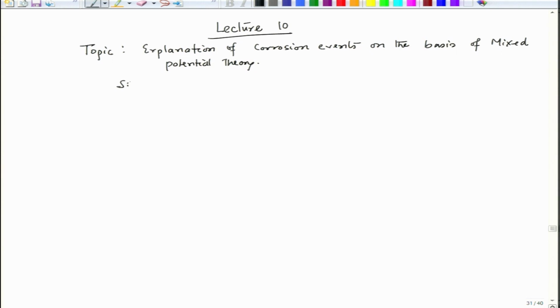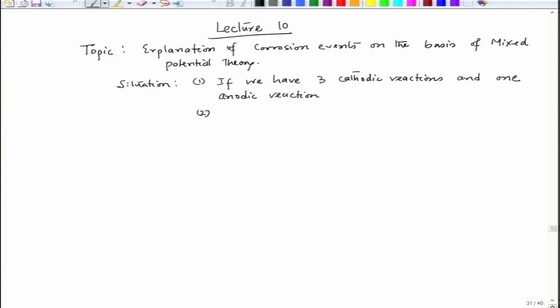this situation. One is if we have 3 cathodic reactions and 1 anodic reaction, and we will take 2 situations today.